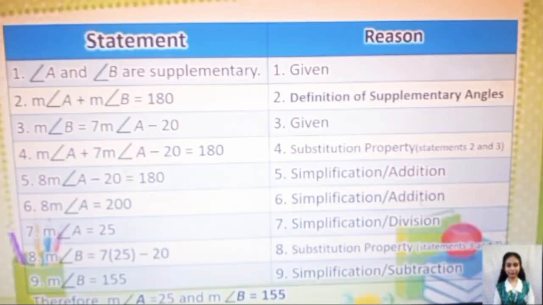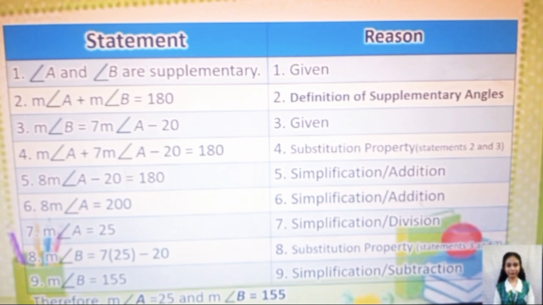Thus, to prove angle A and angle B are supplementary, the reasons are given. Number 1, given. Number 2, measure of angle A plus measure of angle B equals 180, definition of supplementary angles. Number 3, measure of angle B is equal to 7 measure of angle A minus 20, given.